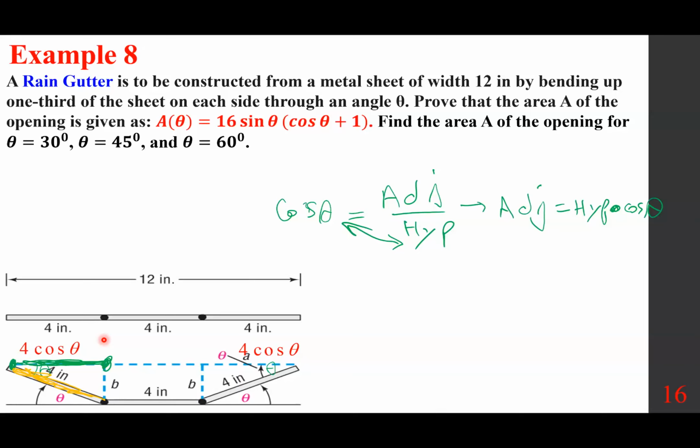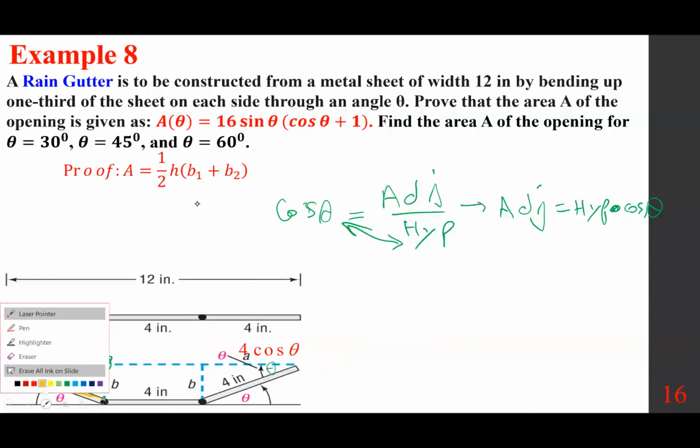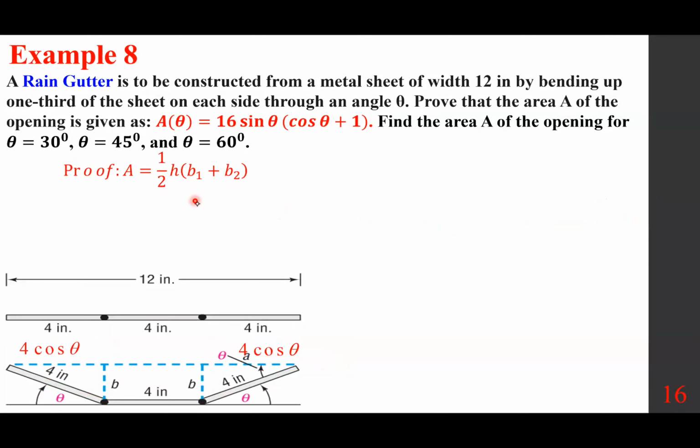All right, so the area is half of the height times b1, the smaller base, plus b2, the larger base, and this is the height. Let me clean this up so we can plug it in. 1/2 the height times b1 plus b2.